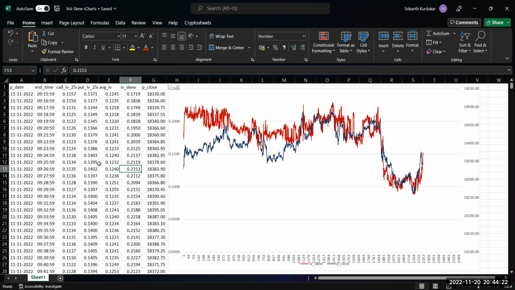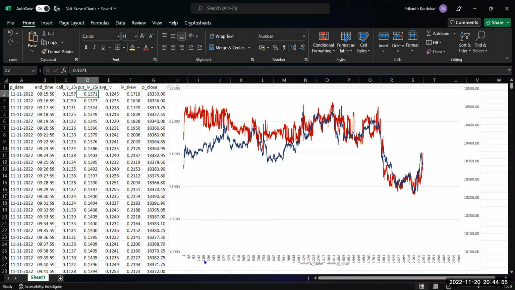This will tell you when the put side skew is really high, so maybe you want to sell puts, or buy calls, because puts are really expensive and calls are slightly cheaper. Some kind of relation has to be made, because this just gives you the relation between put and call skew. So we'll give you more information.